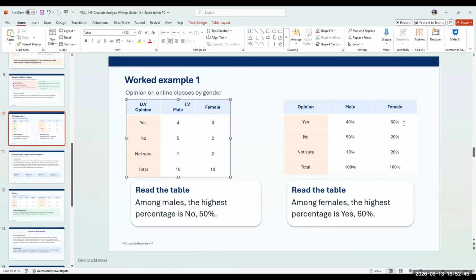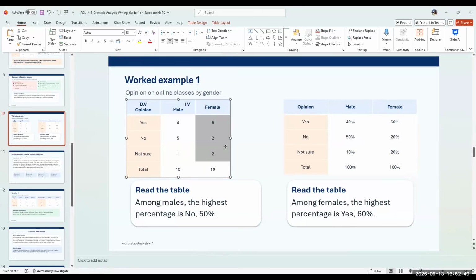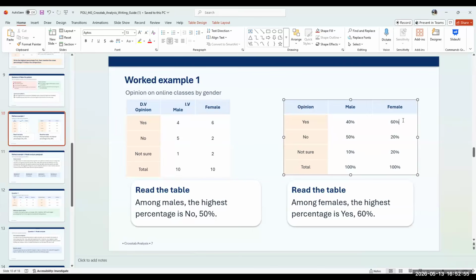How we got the percentage for the female column, using the values that were given to us in the question, was that 6 divided by 10 times 100 will give us 60%. 2 divided by 10 times 100 will give us 20%. 2 divided by 10 times 100 will give us 20%. That's how we have the 100% here.